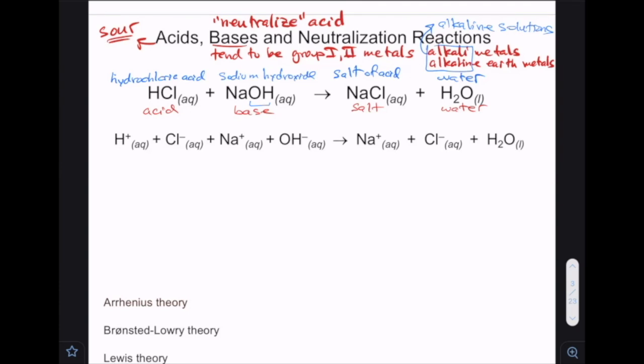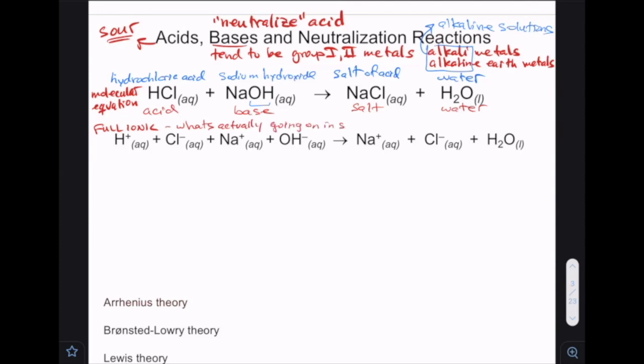What we do here on top, this is the molecular equation. And that's really a shorthand. It's describing the chemical reaction, okay? But if it's an aqueous solution, we can write what's called the full ionic equation that shows us really what's happening in solution.